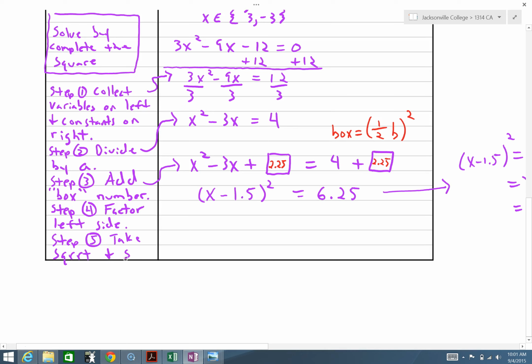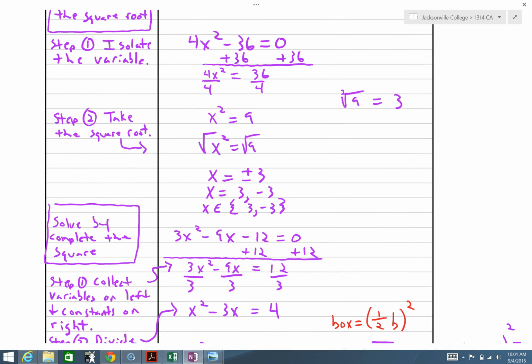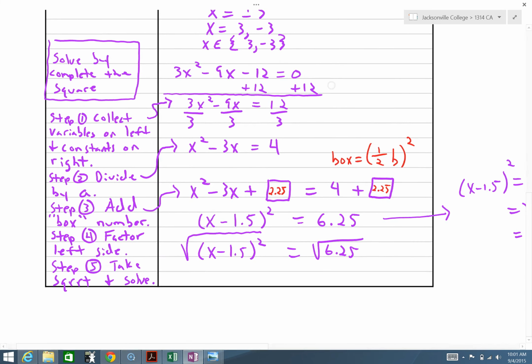and solve. All right. So now we're going to employ what we saw previously about the square root. I'm going to take the square root of my left side here, which is x minus 1.5 quantity squared. I'm going to take the square root of that, and I'm going to take the square root of 6 1/4. Well, the square root of something squared simply comes out. Much like previously, the square root of x squared was x. Same thing here. I'm taking the square root of this squared binomial.